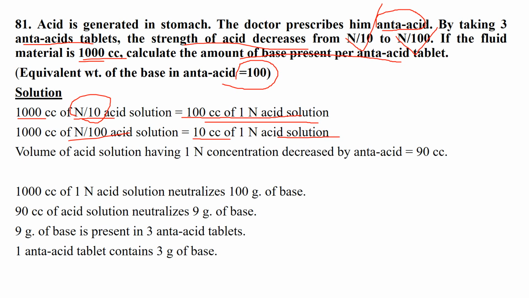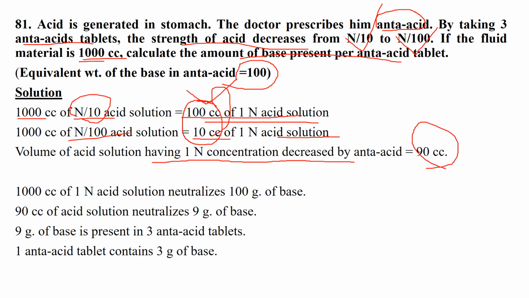Means by taking the antacid tablets, the strength of the acid solution decreases. That means the volume of 1N acid solution decreases from 100 cc to 10 cc. Then the volume of 1N acid solution neutralized by the antacid is 90 cc, that is 100 minus 10.